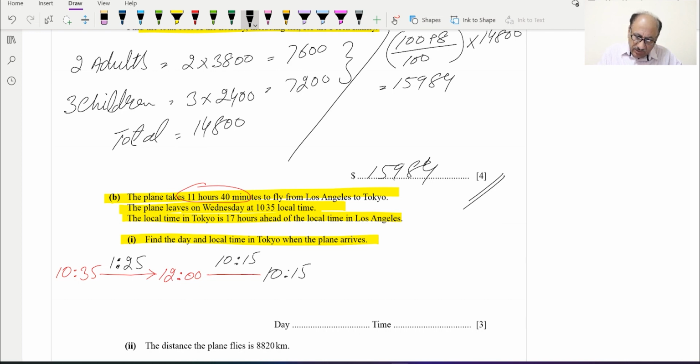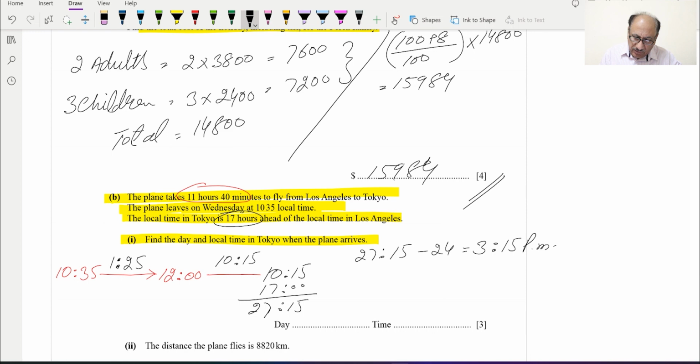Now 17 hours is the difference, so we will add 17 hours to this and we will get 27:15. It means from 27:15 we will subtract 24 hours, and this will be equal to 3 hours and 15 minutes, 3:15 p.m. you can write here.